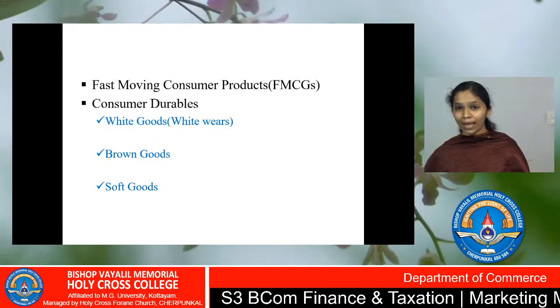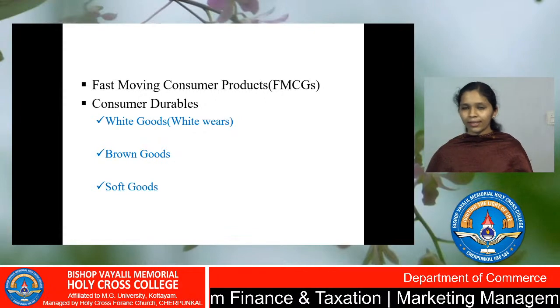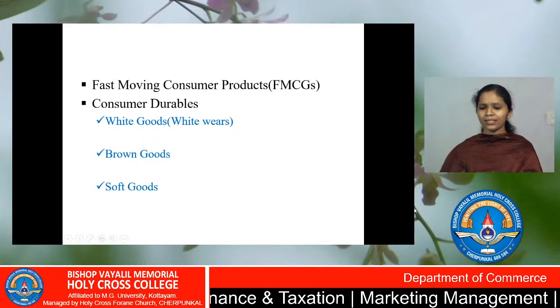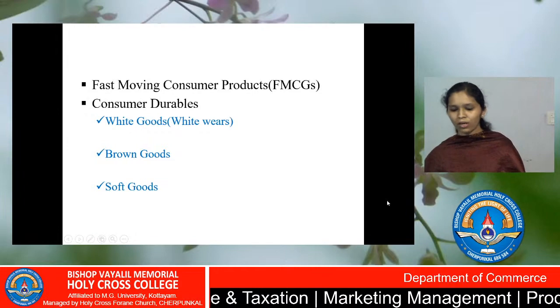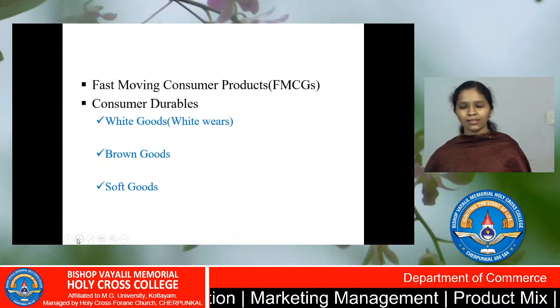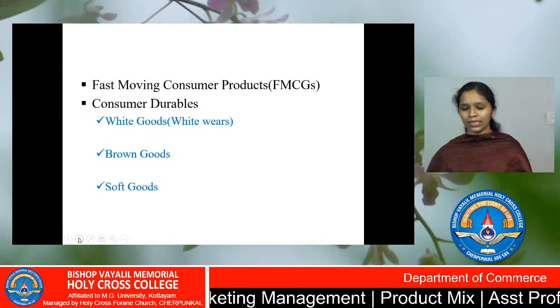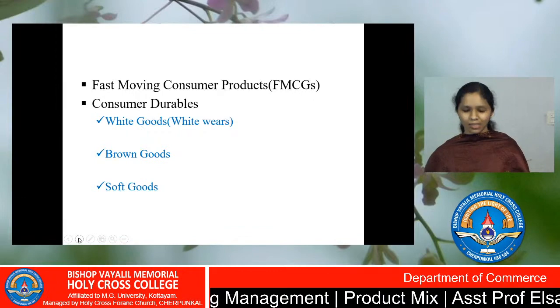White goods means major household appliances. Example, air conditioner, refrigerator, etc. Then brown goods, that means light electronic durables, that include TV, mobile, etc. Then soft goods, as its name indicates, may be manufactured using soft materials, for example, dress materials.